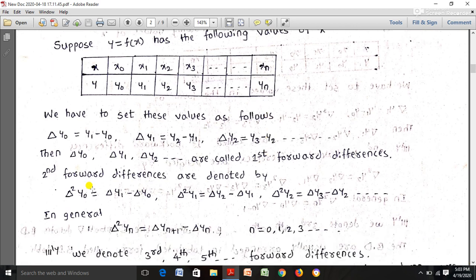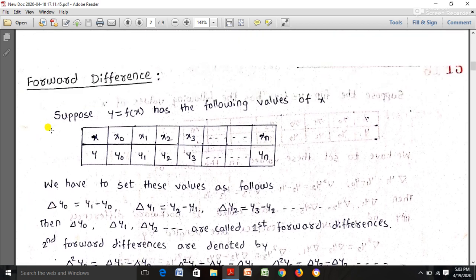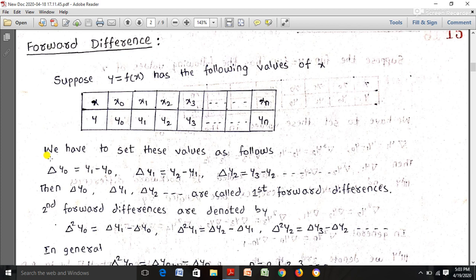We have to set these values as follows. Delta means forward difference. First we have to find delta y naught, which is y1 minus y naught, that is, next number minus previous number.